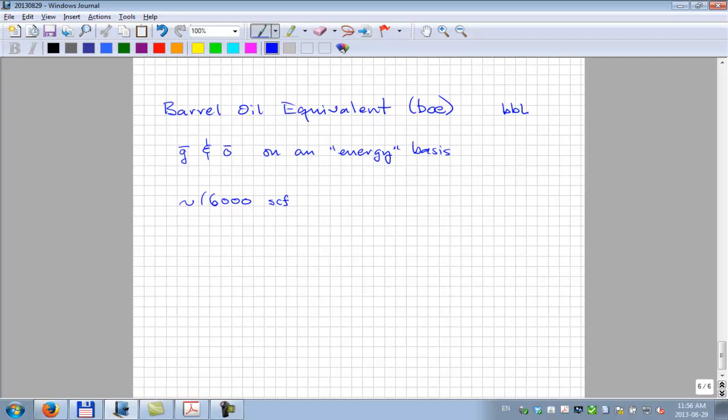The energy of 6,000 standard cubic feet of a surface gas is approximately equal to the energy of one stock tank barrel. In terms of energy, British thermal units or joules or whatever, depends on the quality of the oil and the quality of the gas. But I think the general conversion is approximately 6,000. Okay.